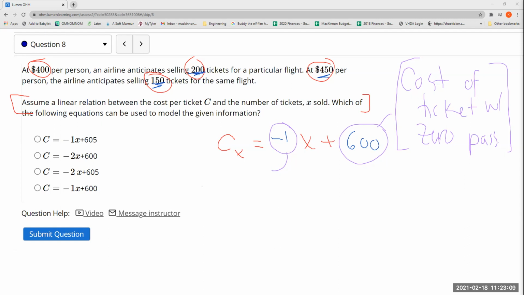So what you can say is, if I lose $1 in cost for every ticket I sell, I know that with 200 tickets, it's going to cost $400. So I want to go backwards, effectively 200 steps, which means instead of subtracting, I'm going to be adding 1.